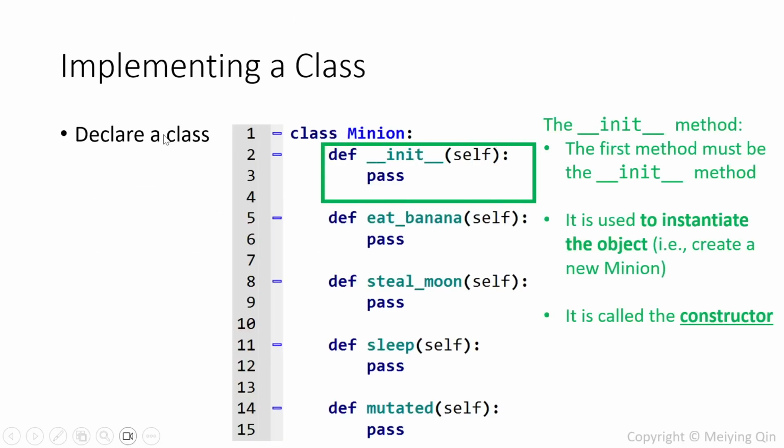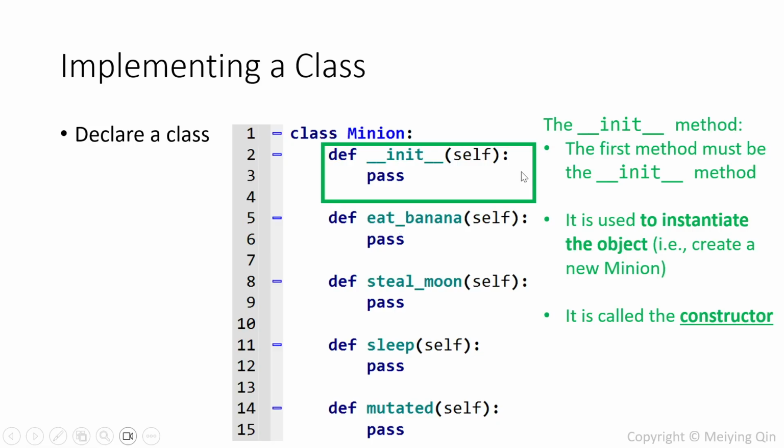This is more about declaring a class. So far you have seen that we have this structure with the class keyword, class name, and then some methods. I mentioned we always have to have the init method first, and then we can have other methods as well, depending on what we want our object to do. For example, if we want the minions to eat bananas, then we also have to define a banana method, and so on.